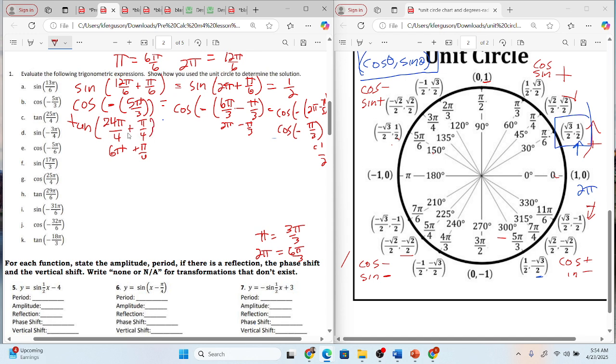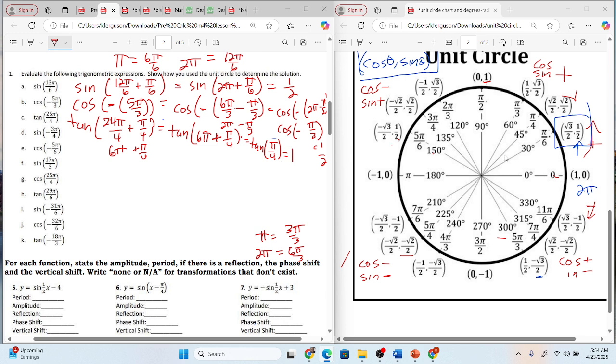So that's what I got, right? And that stays positive, right? So it's going to be tangent of 6 pi plus pi over 4. And that's just going to equal tangent of pi over 4, which equals 1.